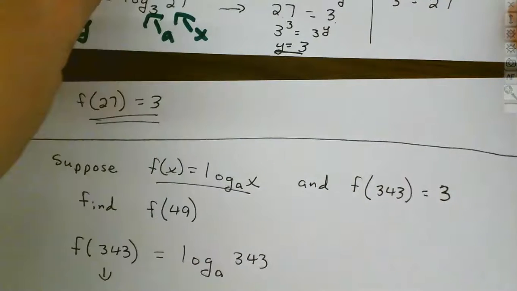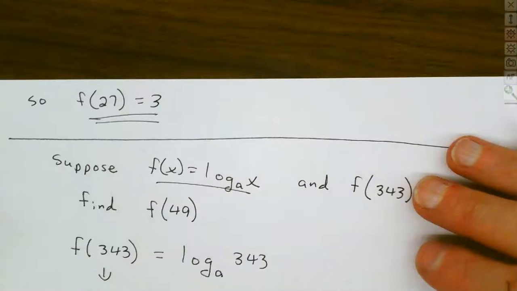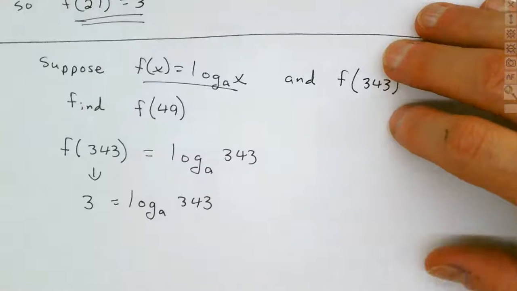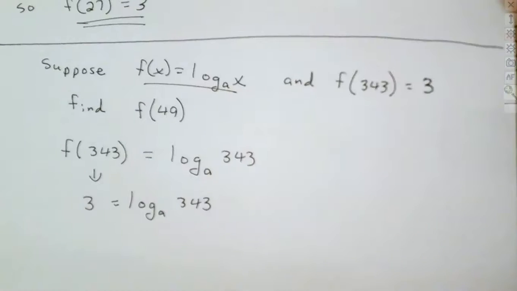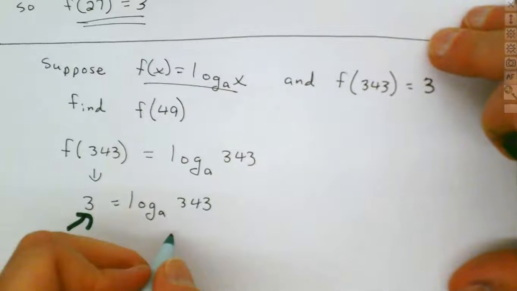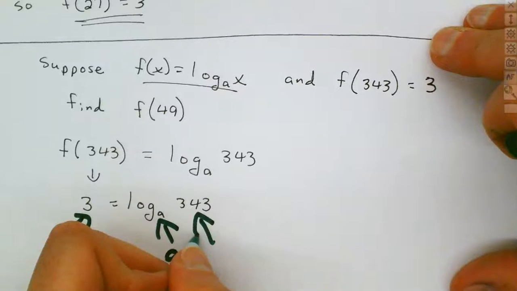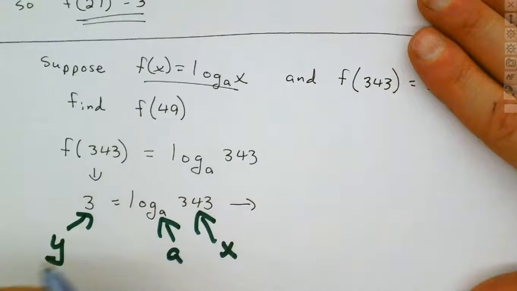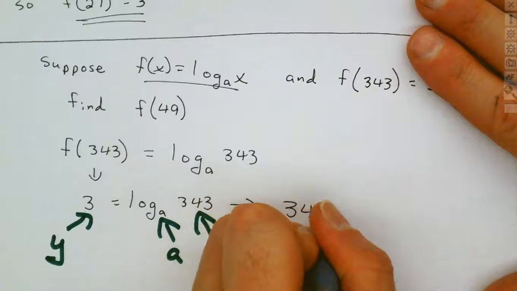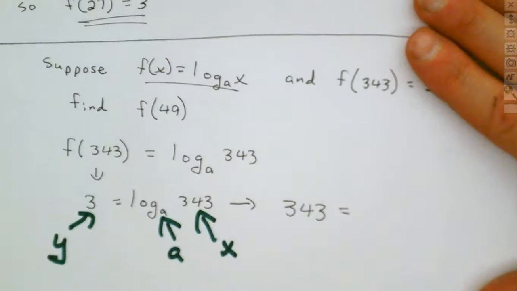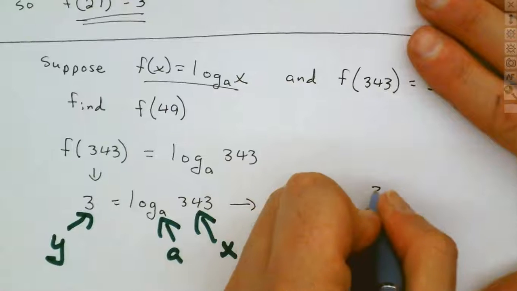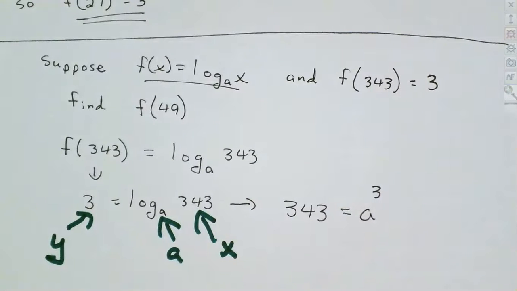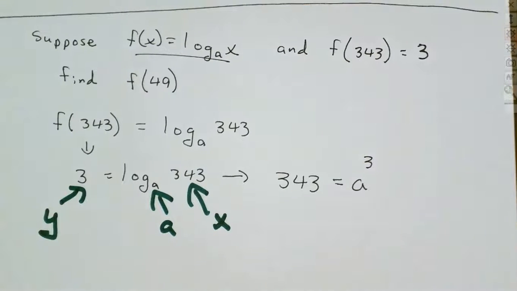Now, how would I convert this? This is going to be converted into the y for the 3, a, and that's x. So when I convert that, I have 343 equals a to the third power, right? How would you solve this? You can either use the cube root, or you can think about that 343.